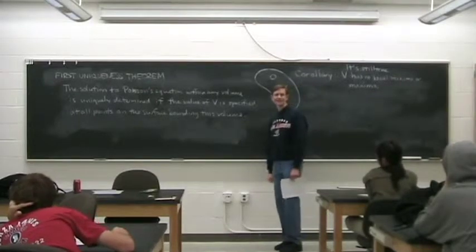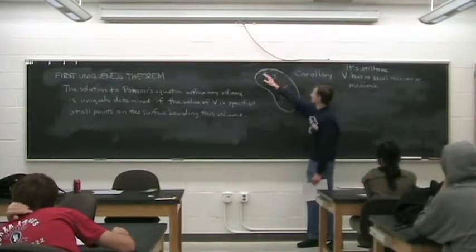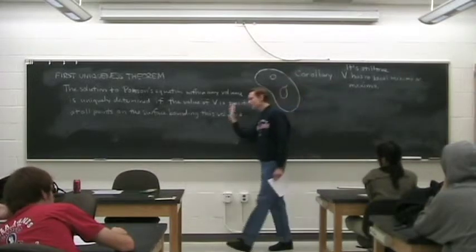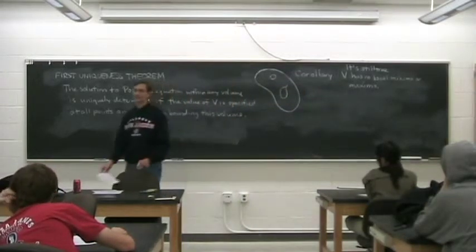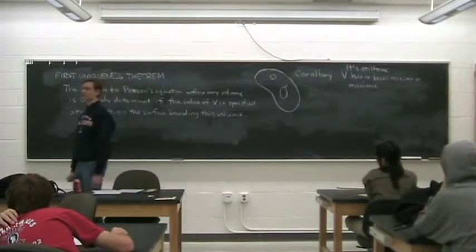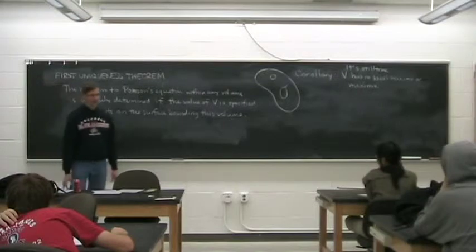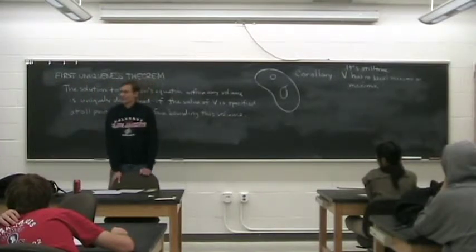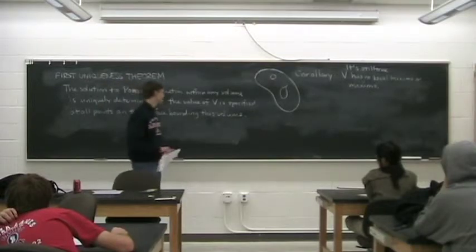So if you know the value of V on the boundaries, and you find a solution of Poisson's equation in some region, then it is the solution of Poisson's equation. We're not showing that a solution exists. That's a job for expert mathematicians. We're just assuming that a solution exists, and if there is a solution, it is the solution.